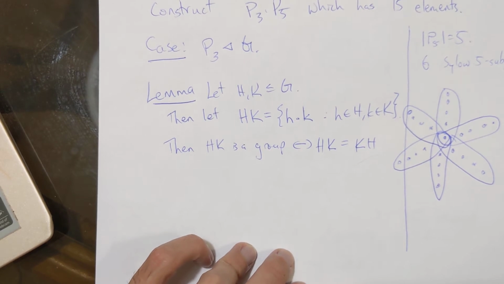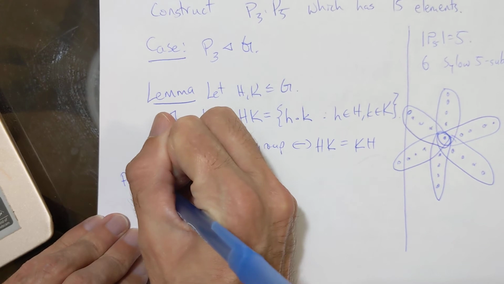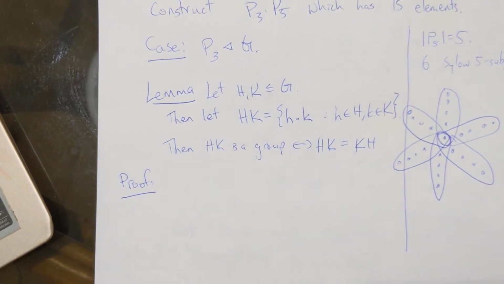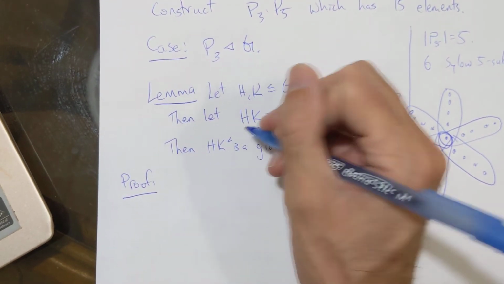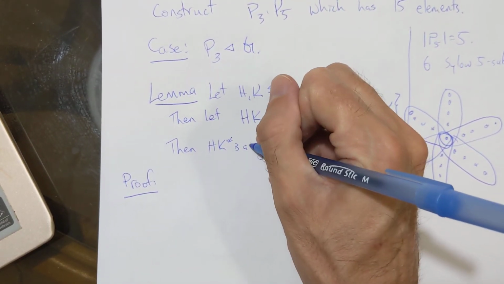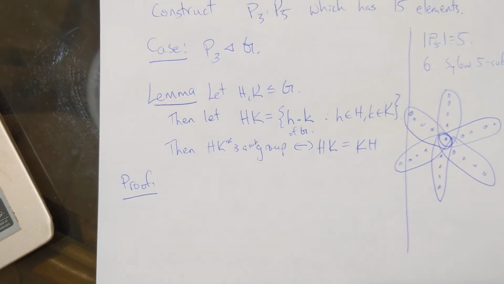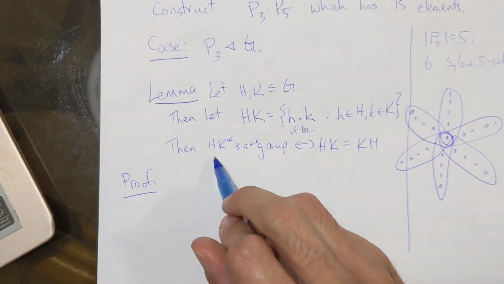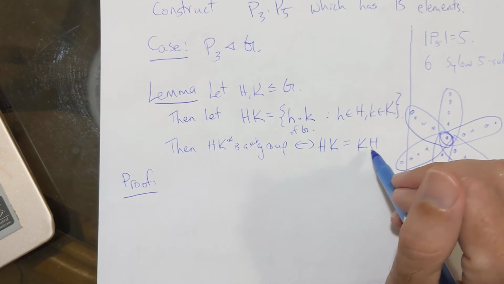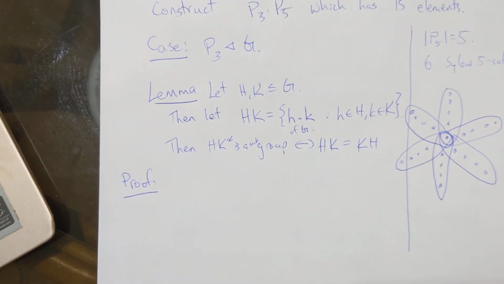In case you haven't seen this before, let's just try it. Really, we want to show HK is a subgroup of G. So we have to show that if HK is a subgroup, then HK equals KH, and if HK equals KH, then HK is a subgroup.